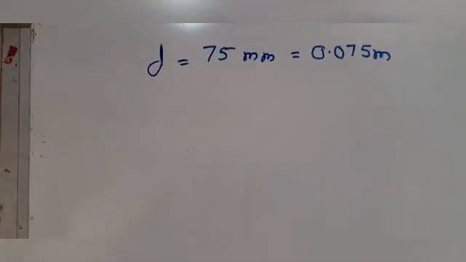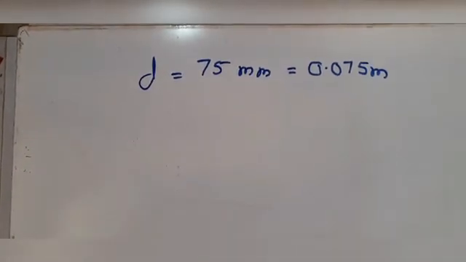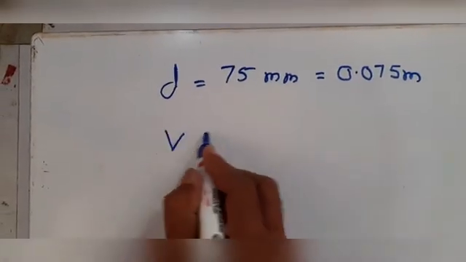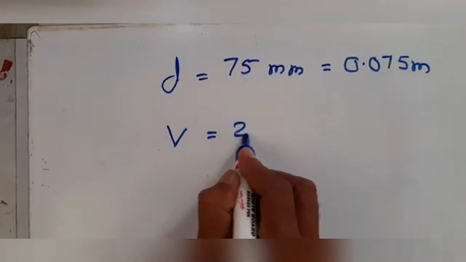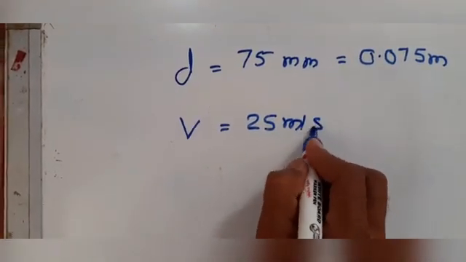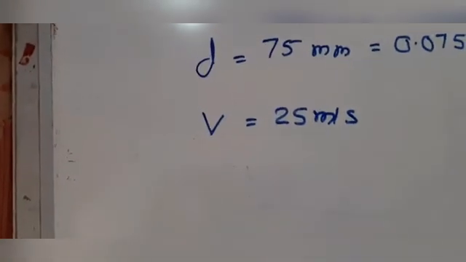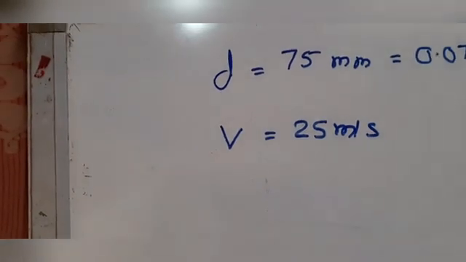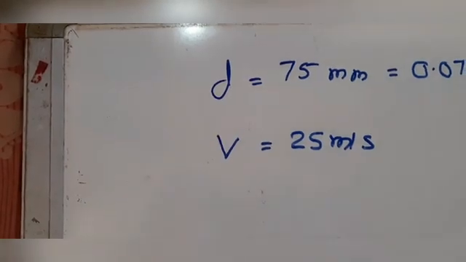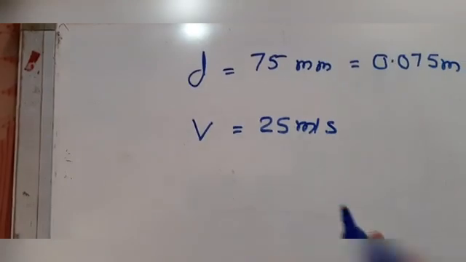And it is moving with a velocity of 25 meter per second, v given in the question, and strikes a fixed plate in such a way that the angle between the jet and the plate is 60 degree.